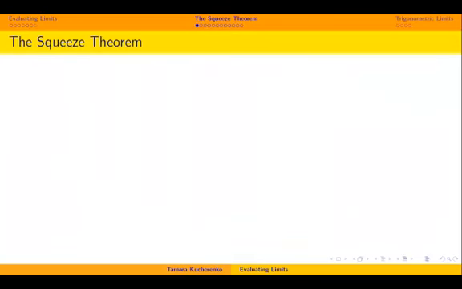The algebraic techniques we just discussed are often ineffective for evaluating limits of trigonometric functions, and other tools are required. One such tool is the squeeze theorem, which is sometimes called the sandwich theorem or the pinching theorem.